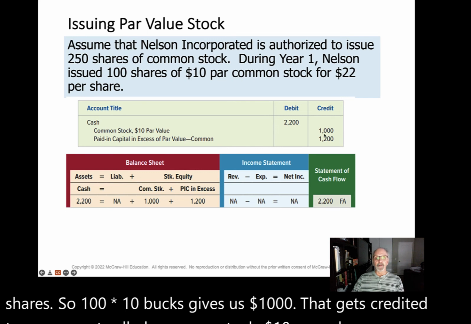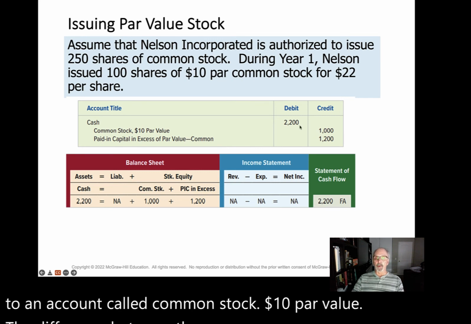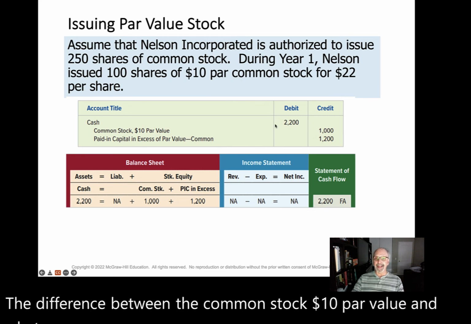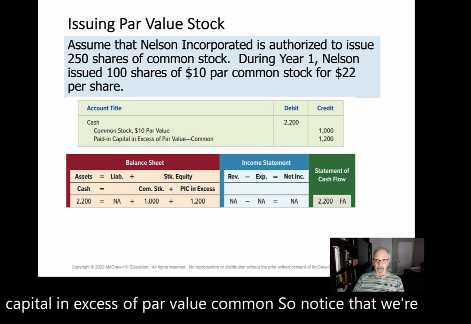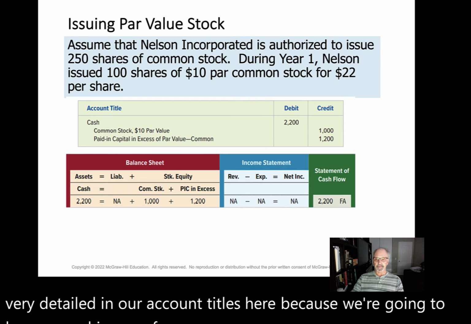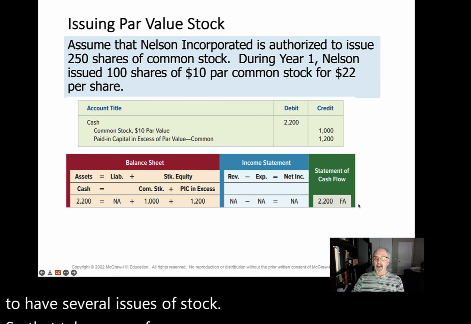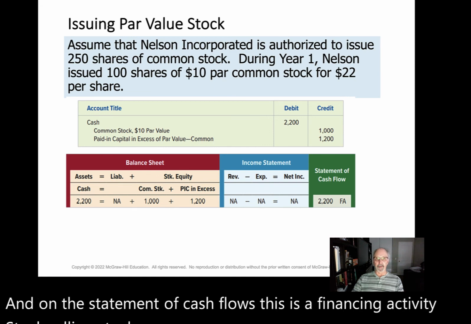The difference between the common stock $10 par value and what we actually got paid goes to an account called paid in capital in excess of par value common. So notice that we're very detailed in our account titles here because we're going to have several issues of stock. So that takes care of that sale. And on the statement of cash flows, this is a financing activity. Selling stock is considered financing.